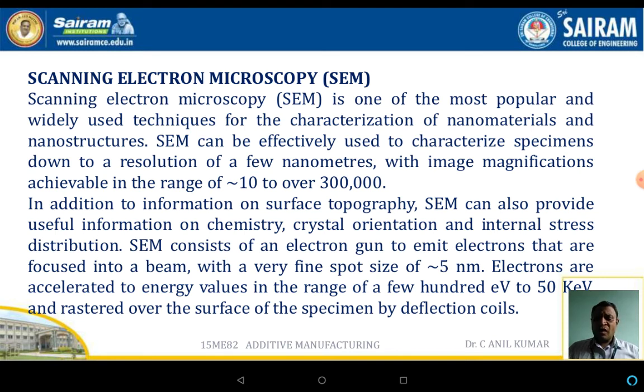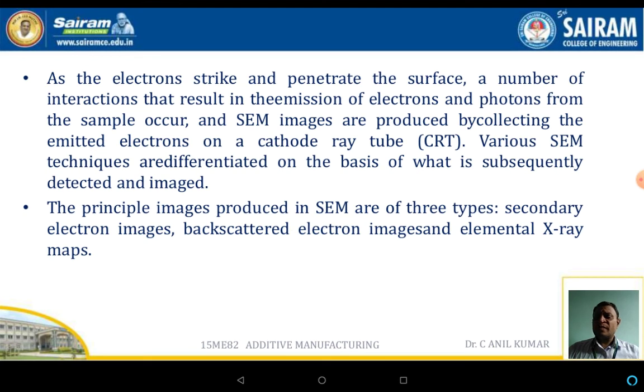The electrons are accelerated by an energy in the range of a few hundred electron volts to 50 kilo electron volts, and rastered over the surface of the specimen by the deflection coils. As the electrons strike and penetrate the surface, a number of interactions occur that result in the emission of electrons and photons from the sample.